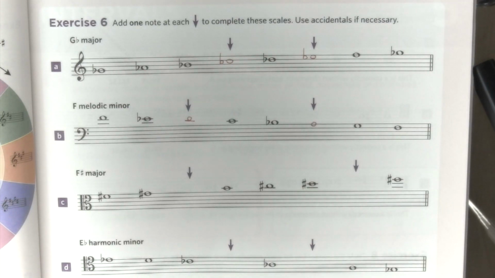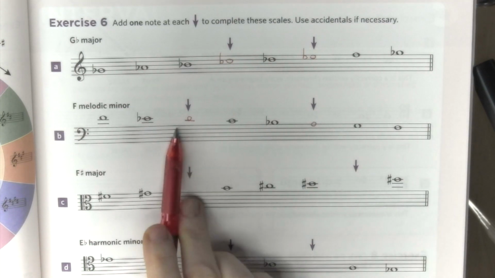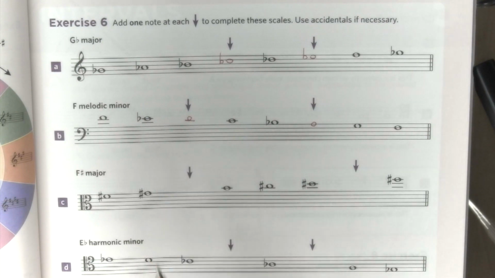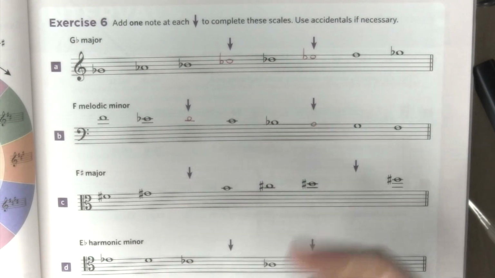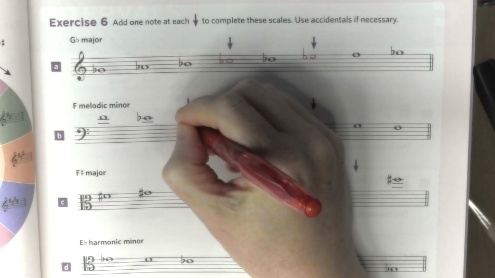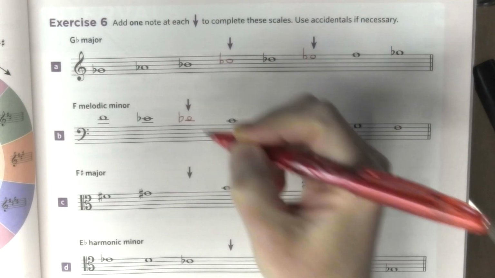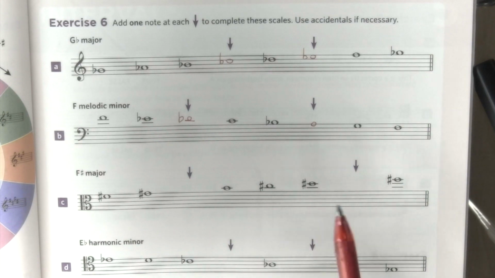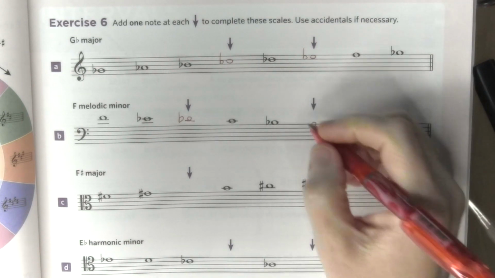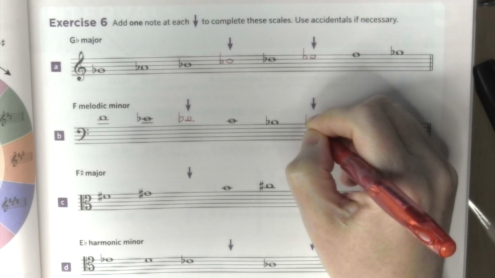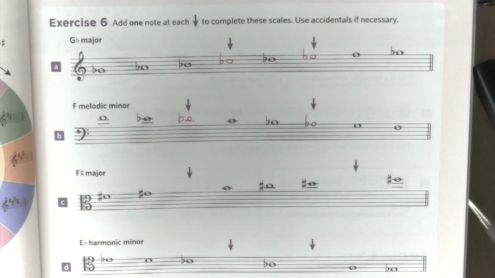Re, Do, Si, La, Sol, Fa. Okay, now let's see. This is Re, okay? Si, Mi, La, Re. Yes, it is included. So Re is flat. La, Si, Mi, La. Yes, it's flat. Okay.